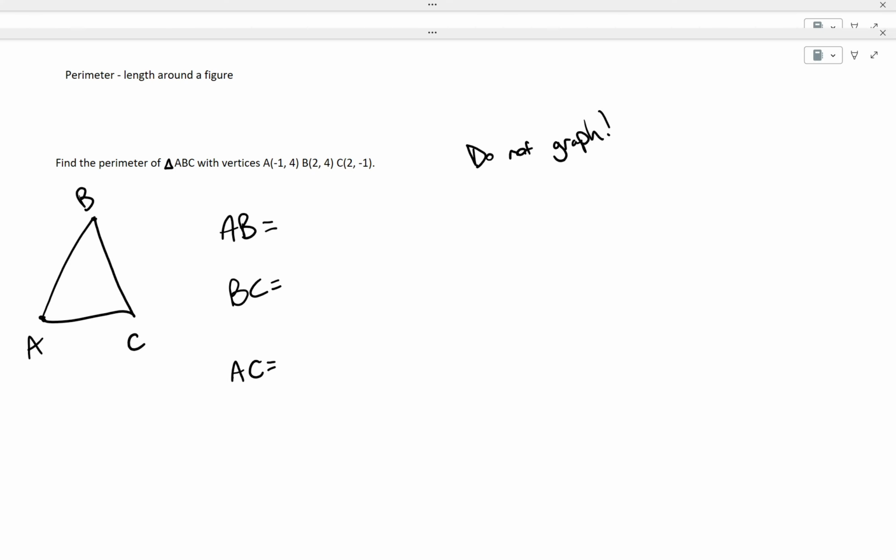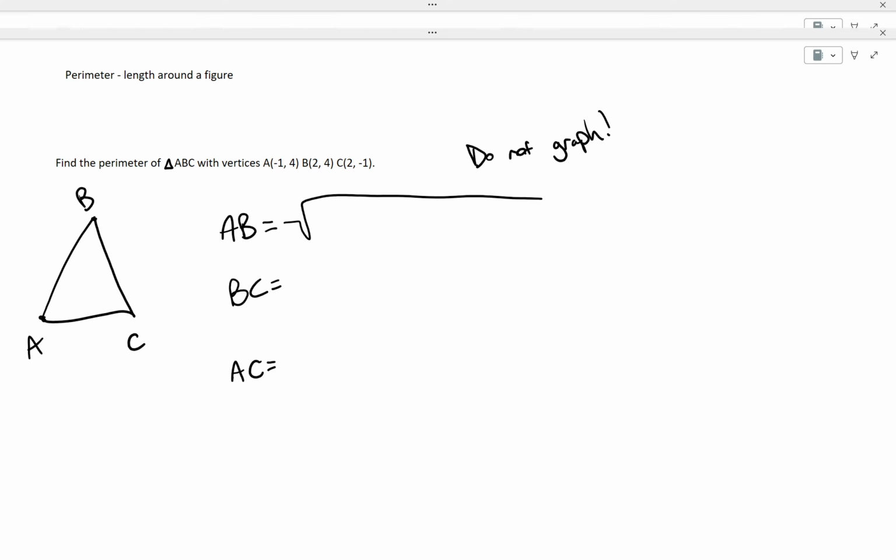BC. All right. So AB, how do we figure it out? Well, if I've been given 2 coordinates, you guys guessed it, it is the distance formula. This is the way to get the best answer, and the only way I'm actually going to give you credit, as it turns out. So even if you're going to get an integer answer, which we're going to get right now, spoiler alert, I still need to calculate it with the formula.